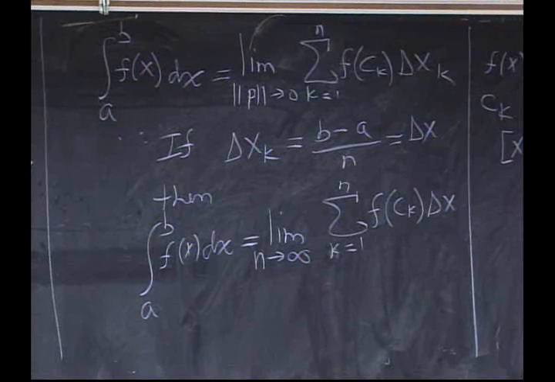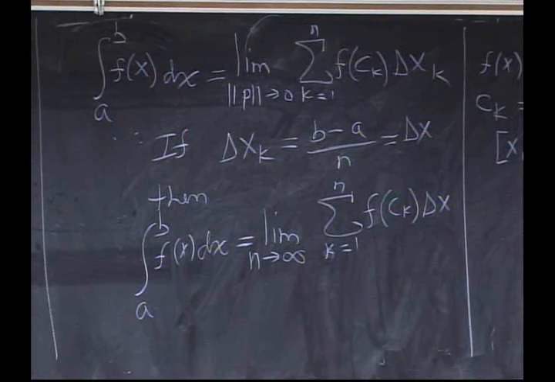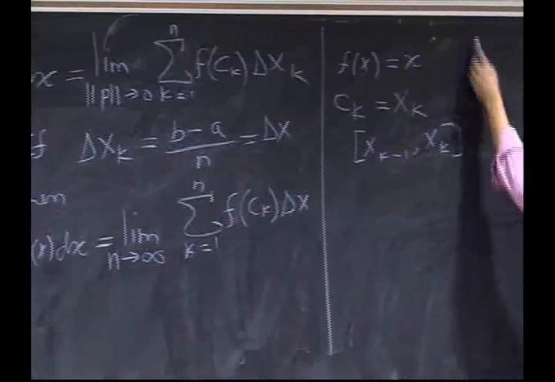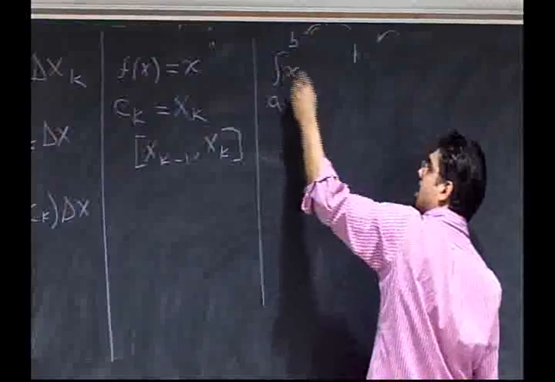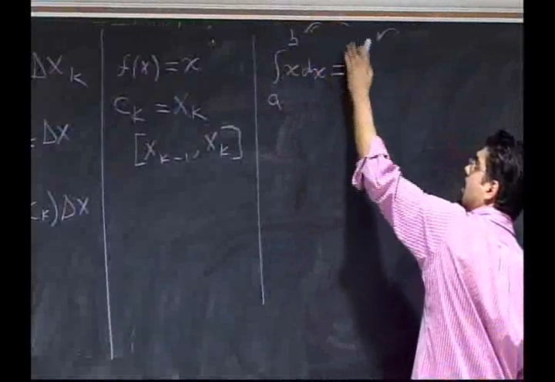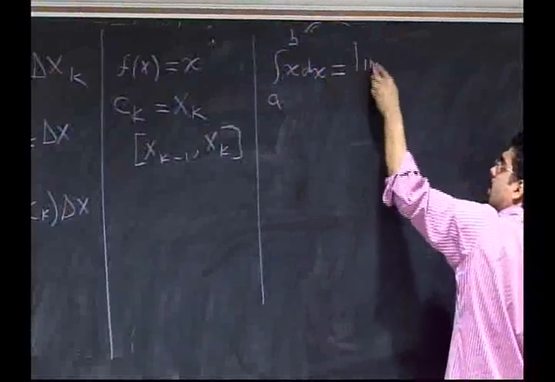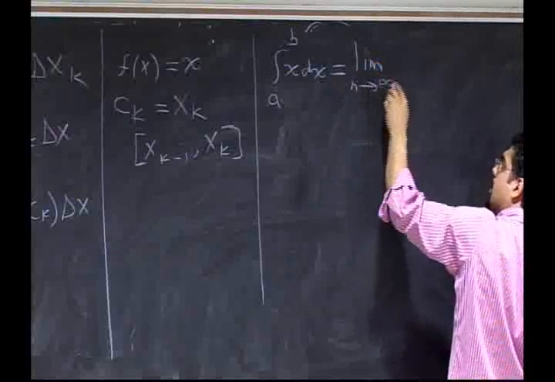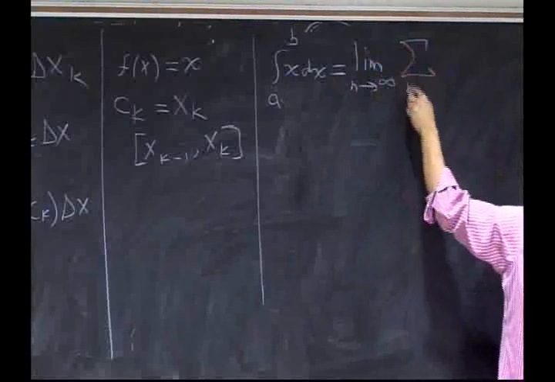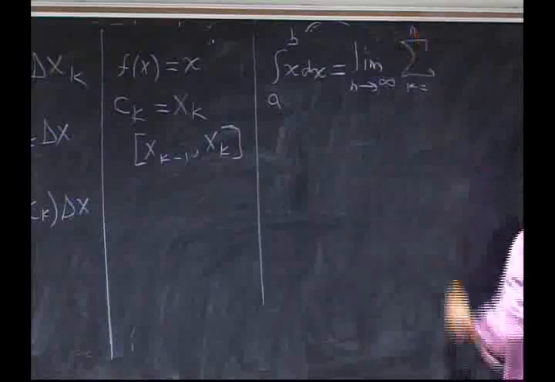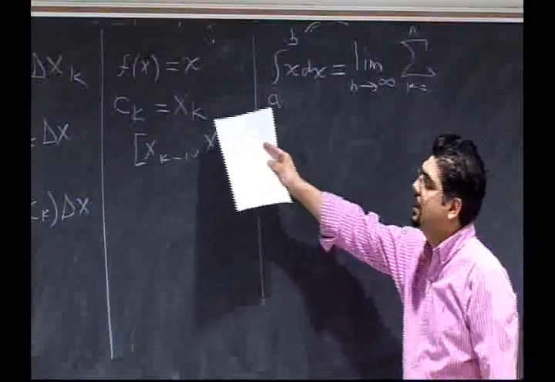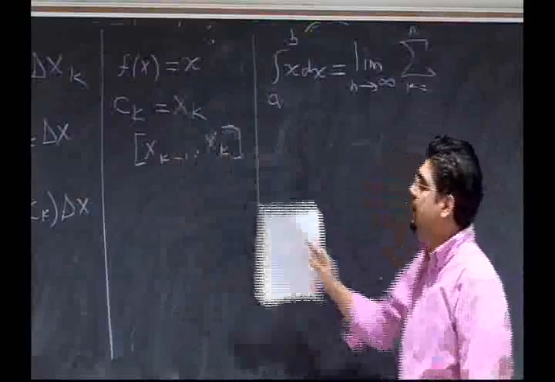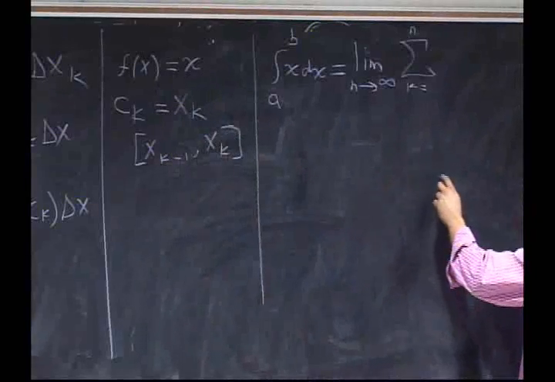Having said that, the integral from a to b of x dx is the limit as n goes to infinity of the sum from k equals 1 to n of f of c_k, which is just c_k, because f of x is just x, so that's just x_k.